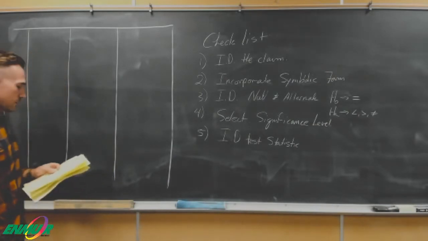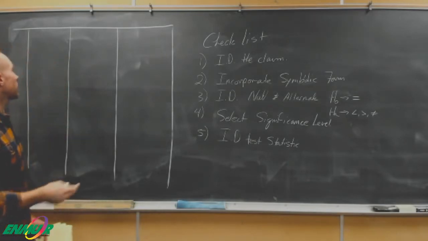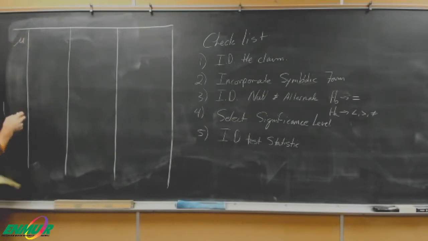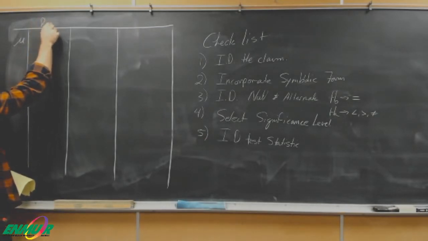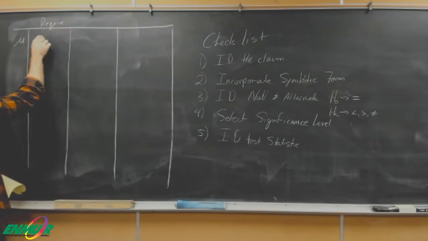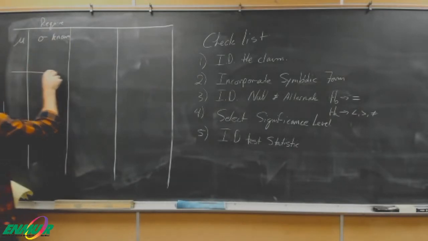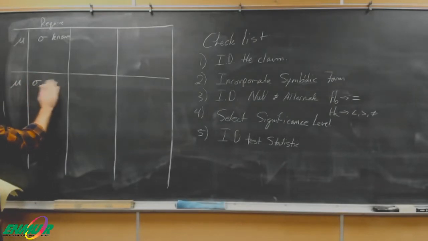for our test statistic, I'm going to have one of 4 conditions that I'm going to have to investigate. I am either going to have to investigate whenever I have a population mean with delta known, or I'm going to have a population mean with delta not known.